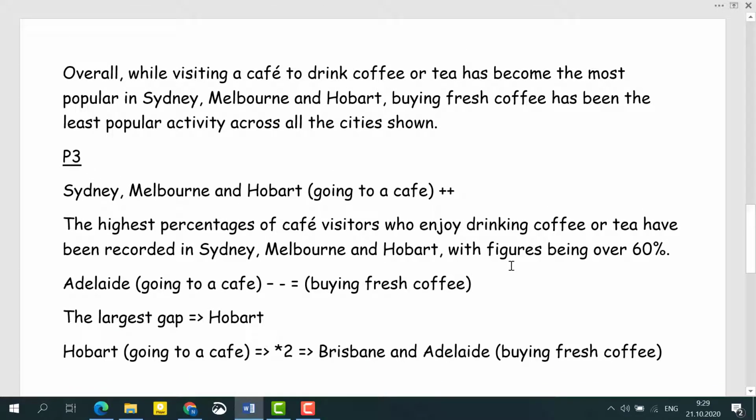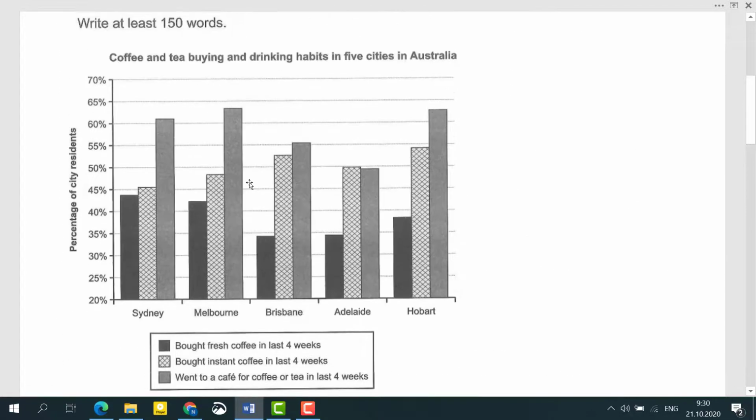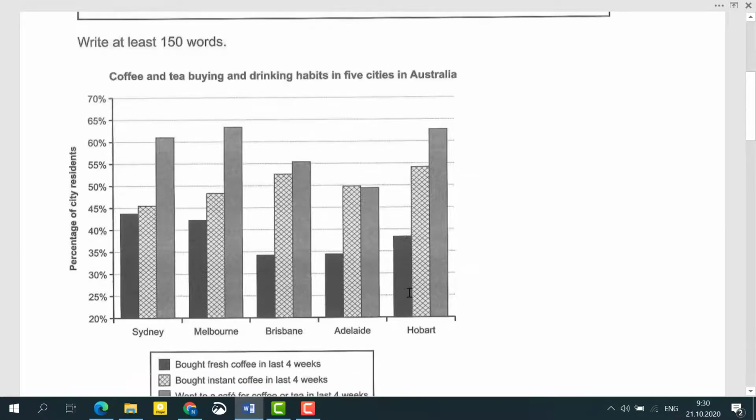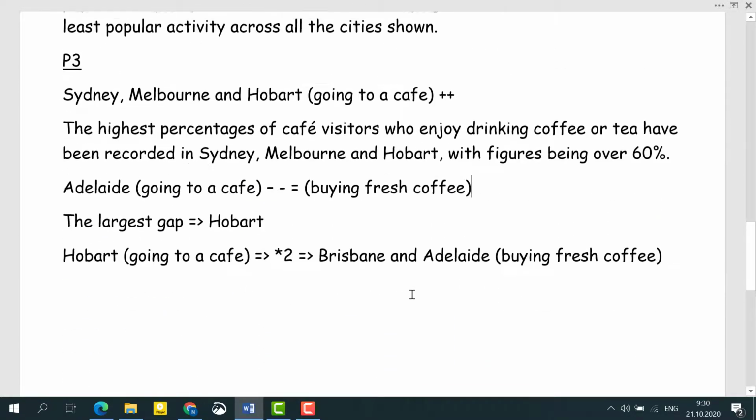You don't want to write numbers; figures, or percentages or proportions when you're talking about percentages. So with plus ing, you remember this formula: with figures being over 60%. In this case, over means more than 60%. If you look at this carefully, all of these percentages are over, more than 60%. So that's exactly what we need to do here.